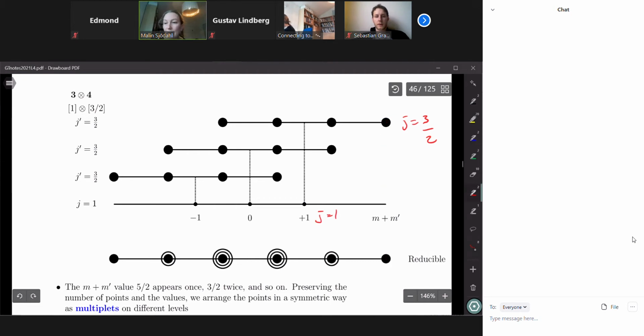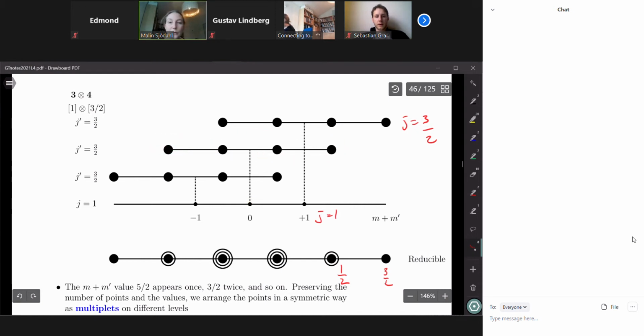So down here we will have 3 halves. Then we will have also for this representation centered around this point, one contribution to spin Z 1/2. However, that we can also obtain from this representation here centered around the 0.